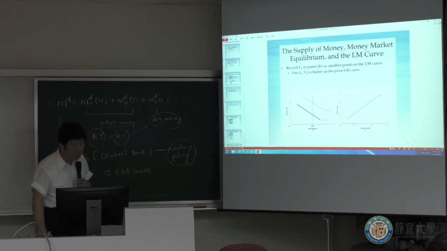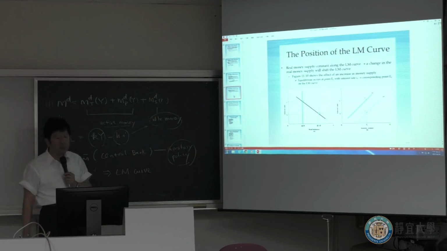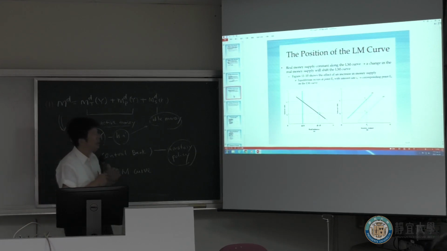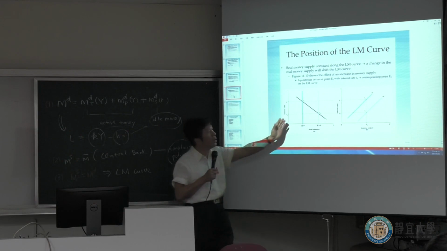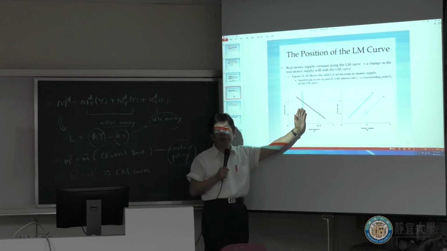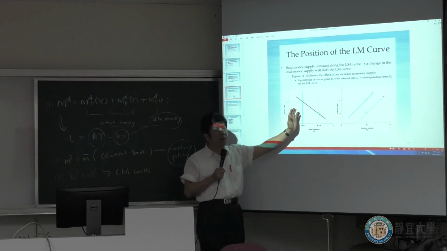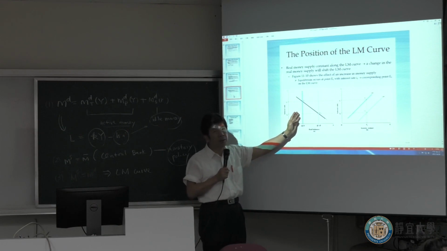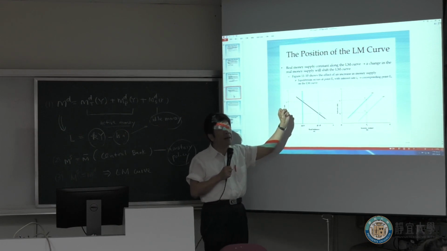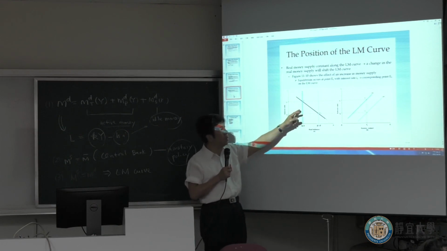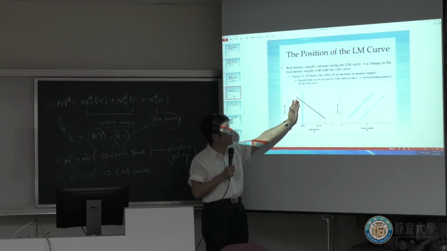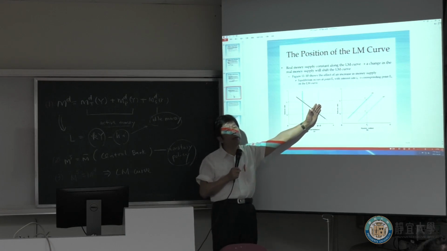Back here, if the government increases the money supply, the blue line will shift to the right hand side.